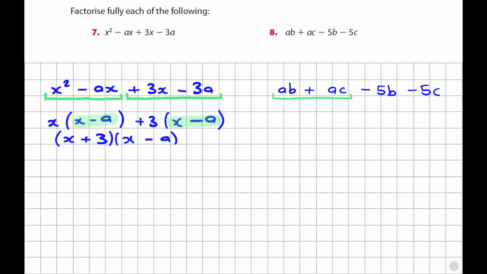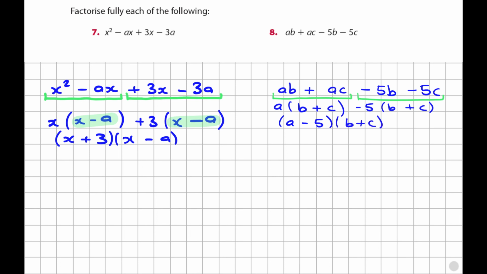And what's common in those first two terms is going to be a, times b plus c. Take the second two terms and see what's common. And what's common in the second two terms is negative 5, times b plus c. So that gives us a minus 5 times b plus c.